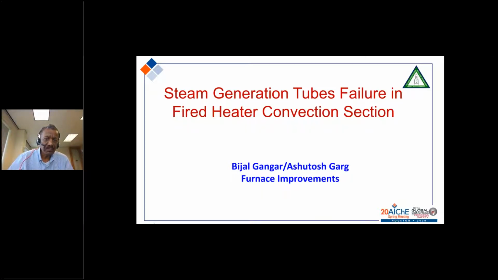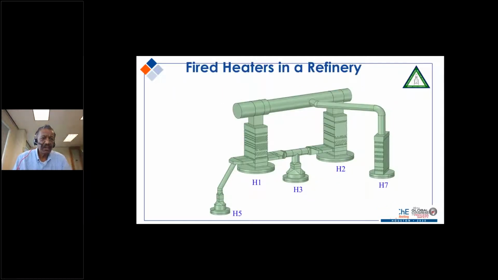The heater we will be talking about specifically is H1. This was a battery of 5 heaters, and they had process duties in all the radiant sections, and the convection sections were generating steam.